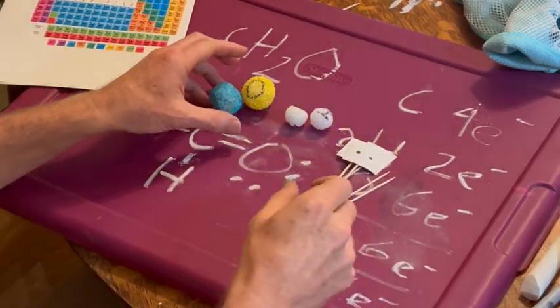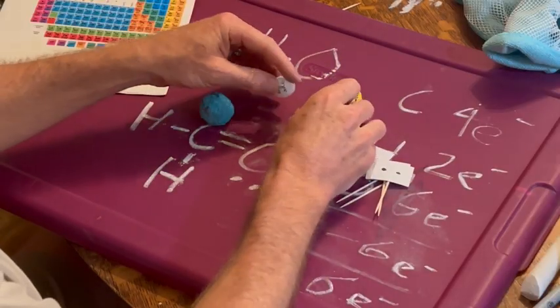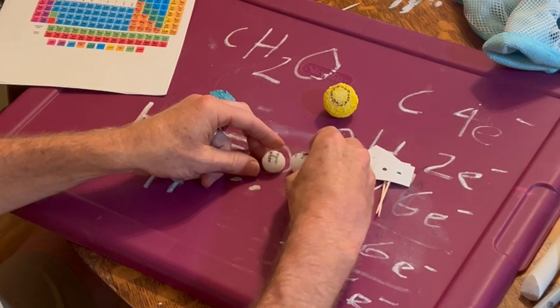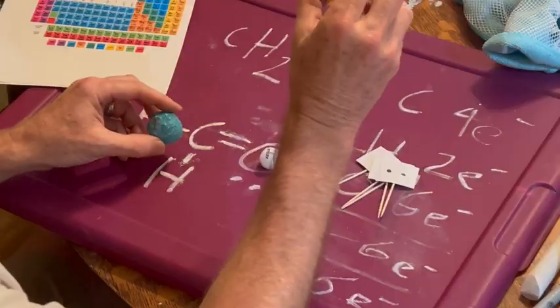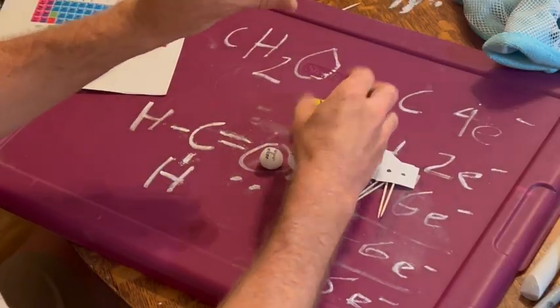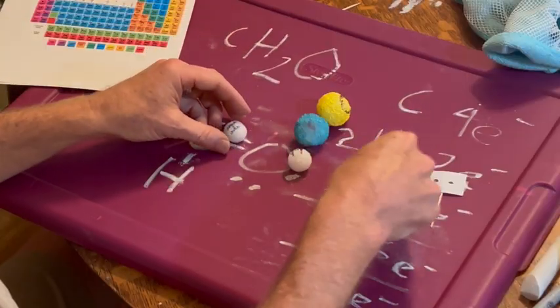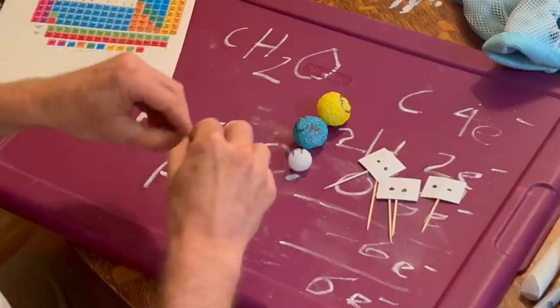I'm going to do the same thing with a little 3D model. I have here 2 hydrogen atoms. These are actually foam balls, they're not really hydrogen atoms. 1 oxygen and 1 carbon. So again, we start with carbon in the middle and stick a hydrogen on each side.